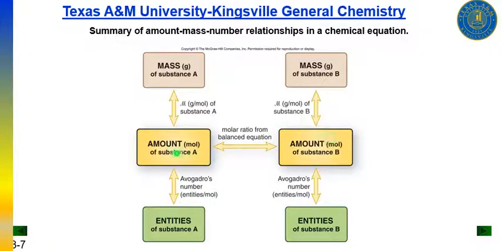So you are going to convert moles to moles from reactant to product, vice versa, and then from there you calculate the mass and the entities for your reactant. Similarly, from moles you calculate the product mass, called product yield, and also the entities for your products. Again, your molar ratio between reactants and products is very important. Those molar ratios are reflected by the coefficients.